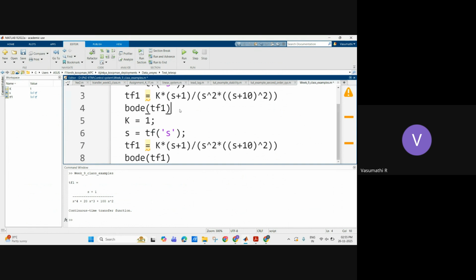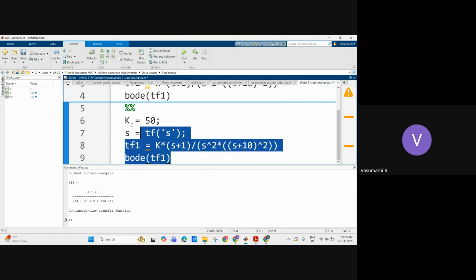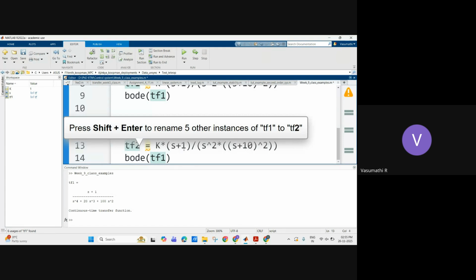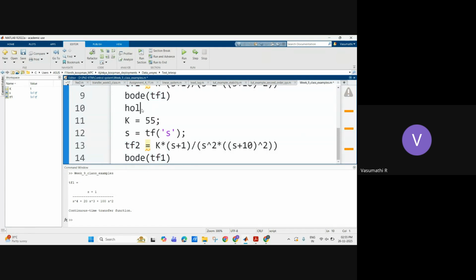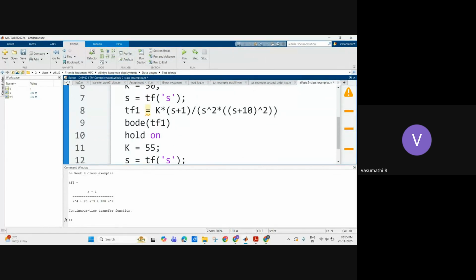So we'll see a little more difference. K equal to 50, k equal to 55 or 54, I would say, because for 55 it went ahead. We'll plot both plots in the same plot so that we can compare.